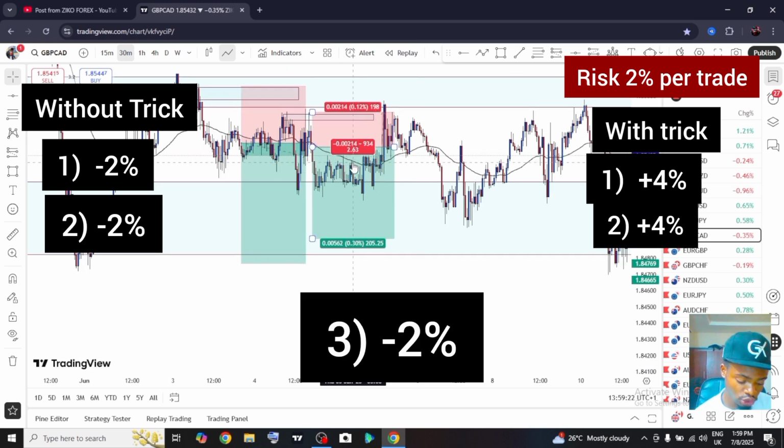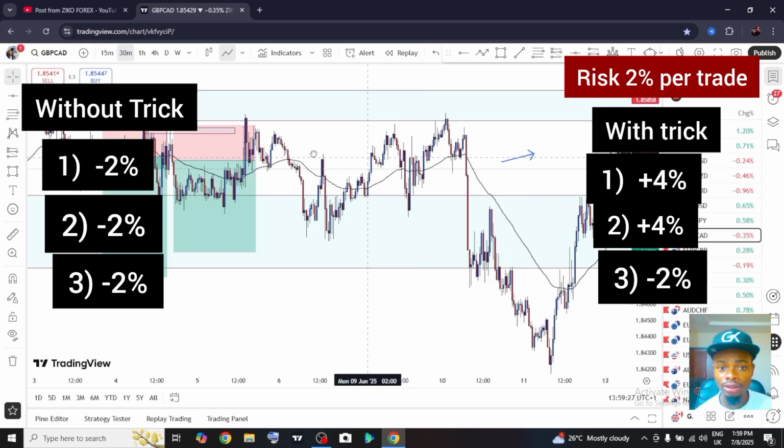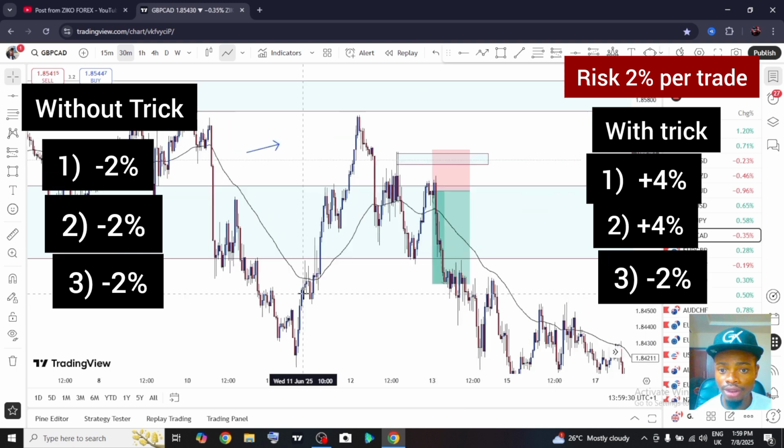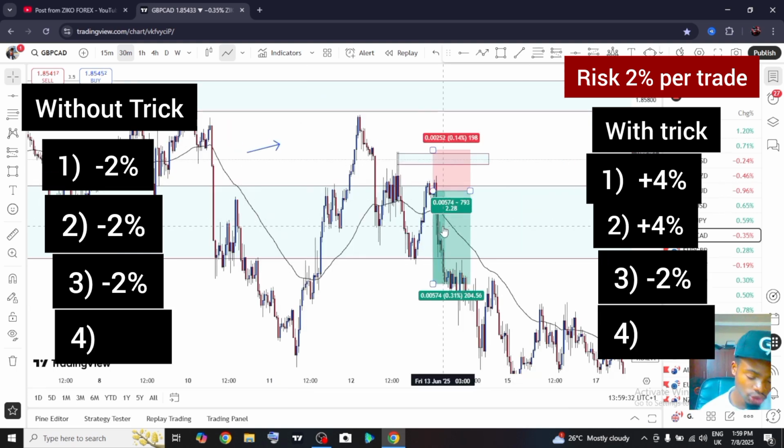Here minus 2% again, right? And here on this trade you would have gotten plus 4%. So you would have won this trade, you would have gotten plus 4%.